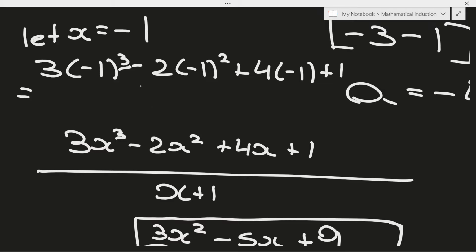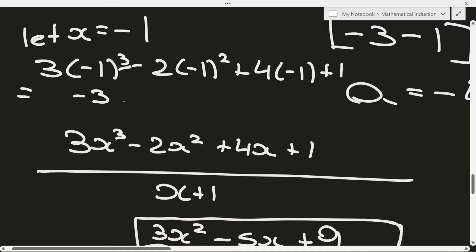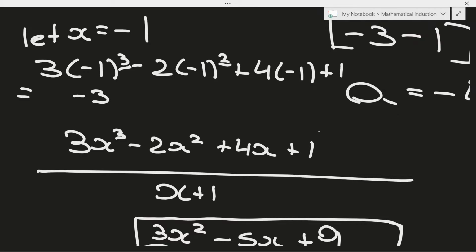So what we'll have here instead is -3, because 3 times -1 is -3, and we'll have -2 and 1. Since this is an even power, it will be positive, so we'll have -2 times 1, which is equal to -2. So 3 minus 2, and 4 times -1 is -4, plus 1.